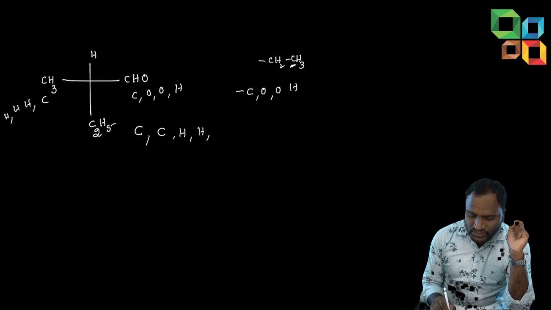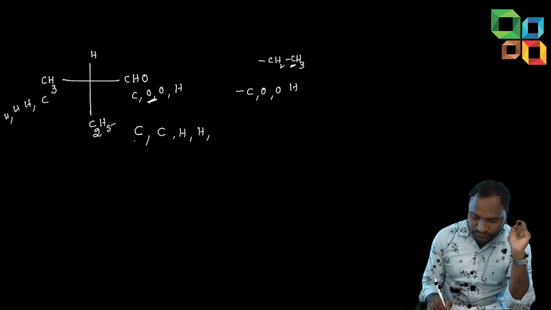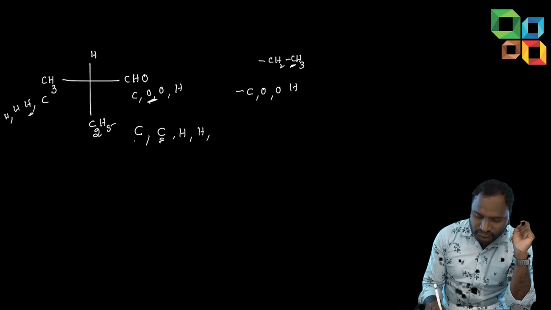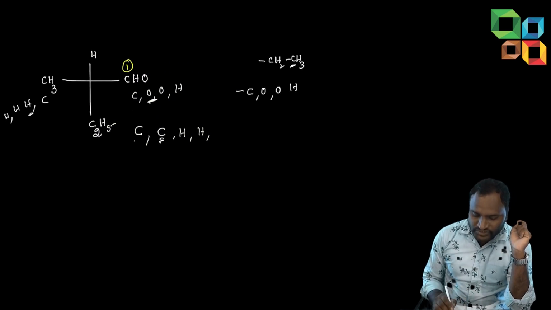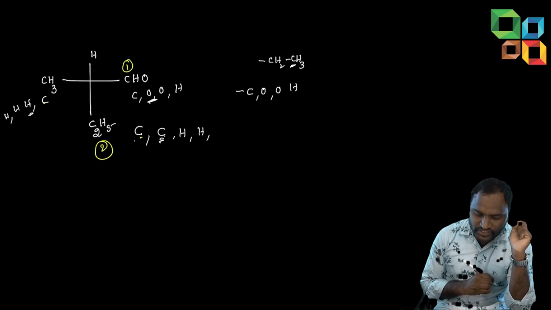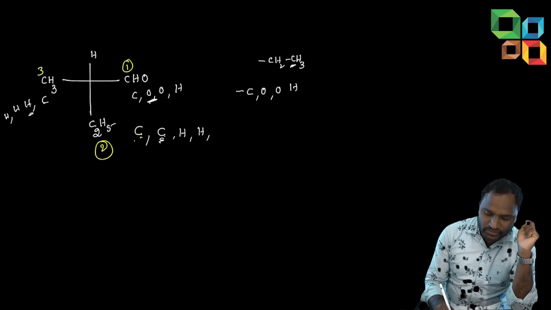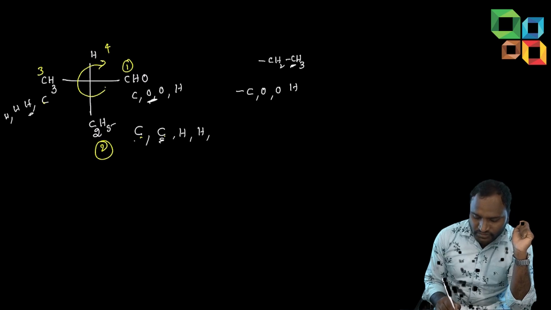Here C, here C, here C, all cases. But next one is here O. Next one here hydrogen. So which will get first priority? CHO will get first priority. Next CC, CH, so this will get next priority. Third priority, fourth priority. Clockwise direction, fourth priority is on vertical line, R configuration.